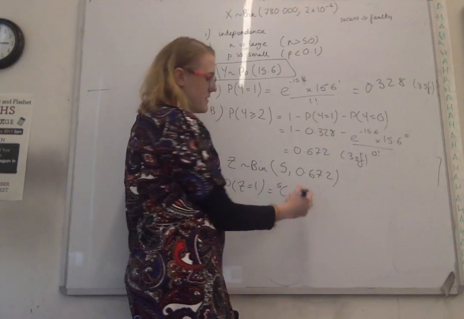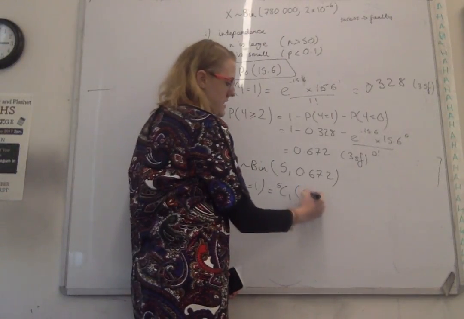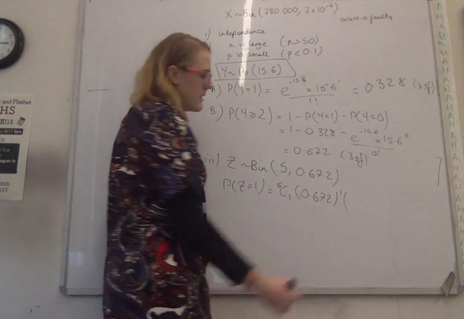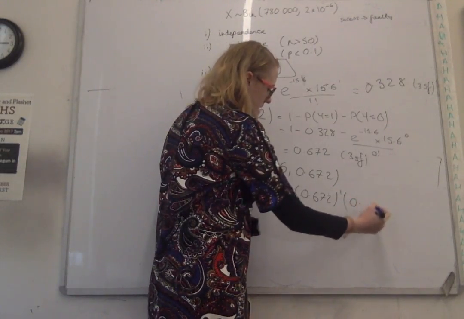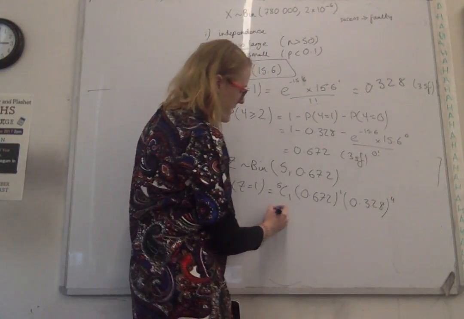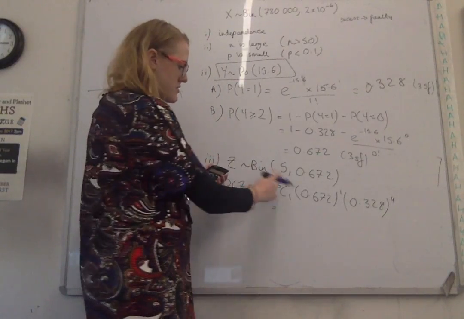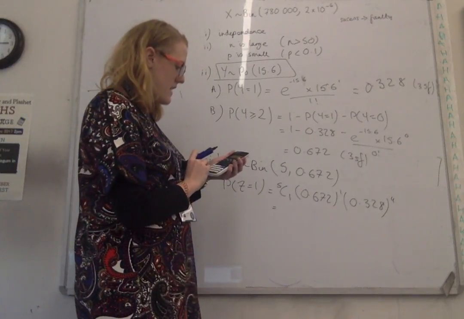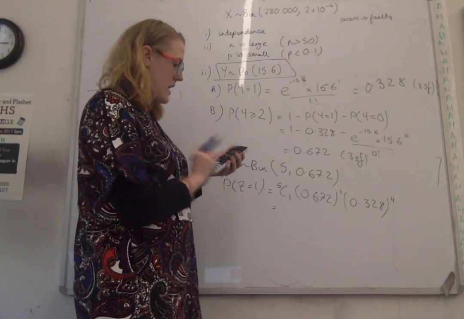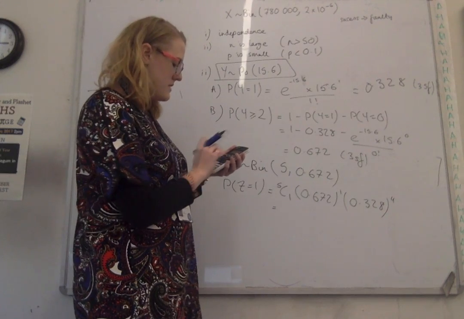5C1, probability of success, in this case at least 2 faulty pixels, so it's 0.672 to the power of 1, and our probability of failure is 1 take away that, so 0.328 to the power of 4. I'm going to keep the answer in my calculator here and just do 5C1, which I know is 5, times the answer from before to the power of 1, times 1 minus the answer from before to the power of 4.